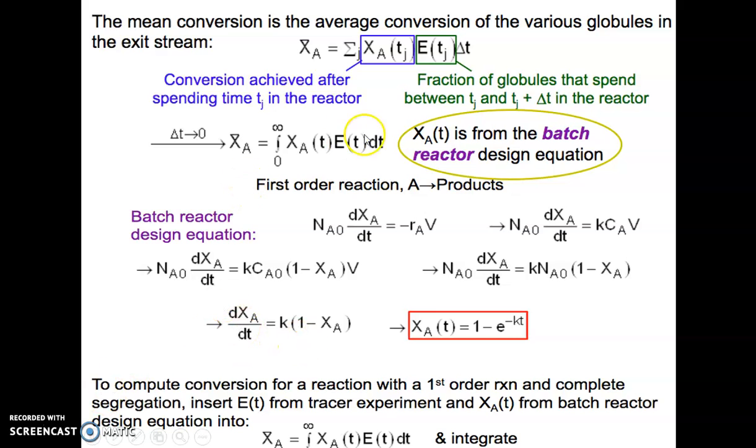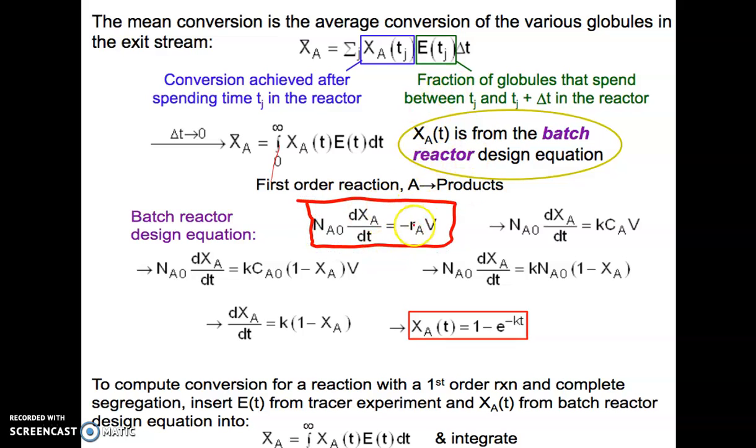And then how are we going to solve this kind of situation? First, we need to determine X(t) from a batch reactor design equation, because we assume that it is a segregation model and exists in the form of a batch process. This formula should be very familiar to you, as you learned it with Prof. Jim before.